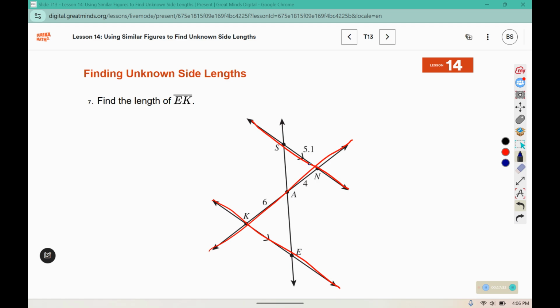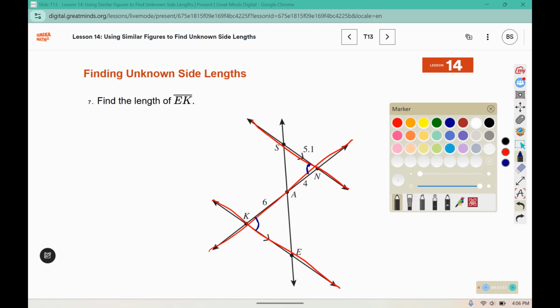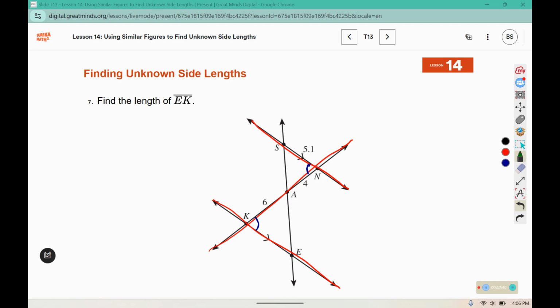So here I know that this angle and this angle are equivalent because they are alternate interior angles and the lines are parallel. I also know that this line is a transversal between the two parallel lines. So this angle and this angle are alternate interior. Since I have two pairs of equivalent angles inside of my triangles, I know the triangles are similar.